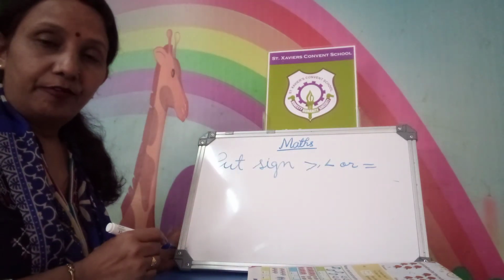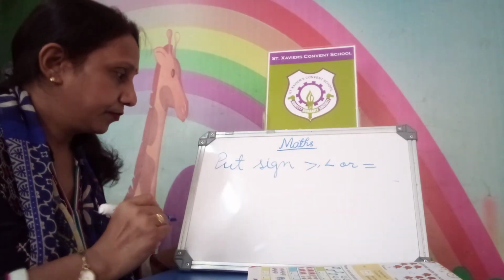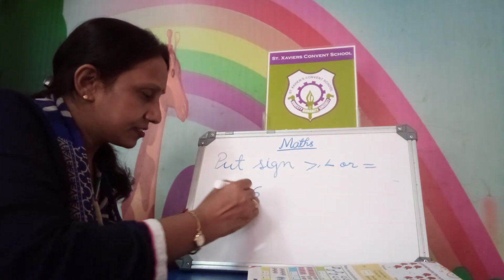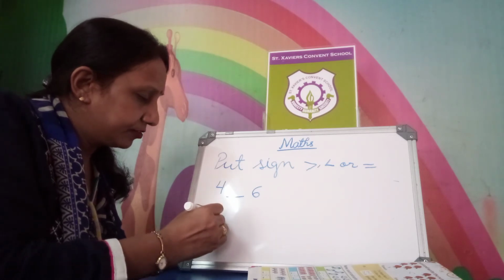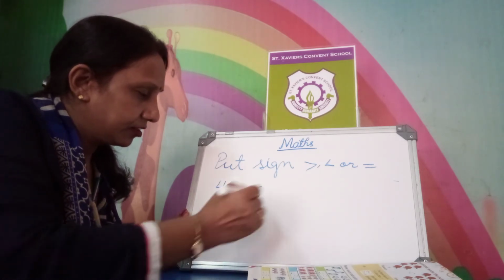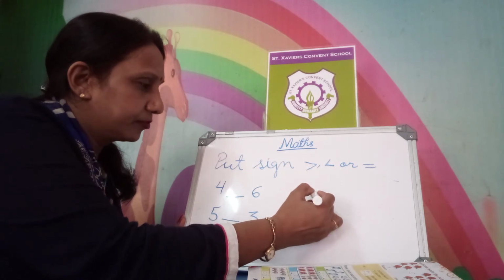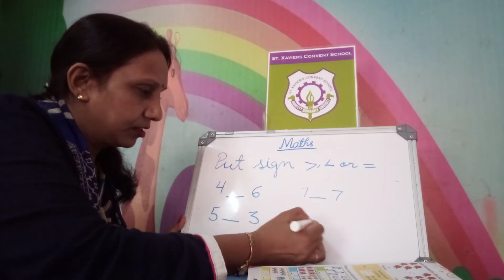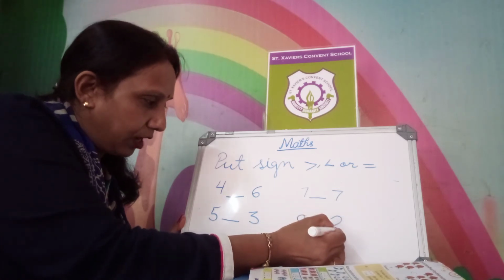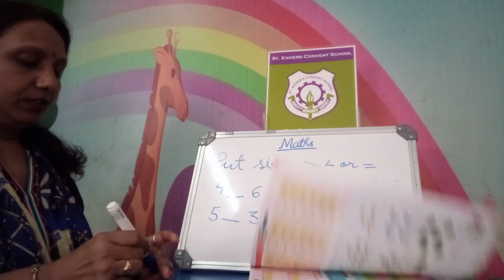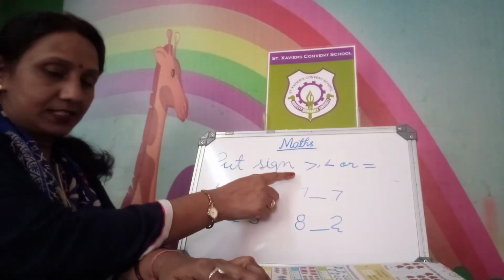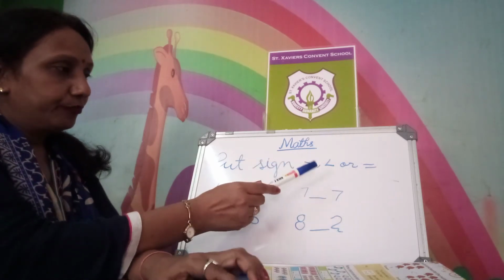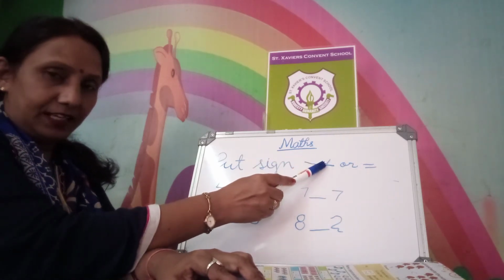Now, we just go through the digits. 4, 6, 5, 3, 7, 7, 8, 2.